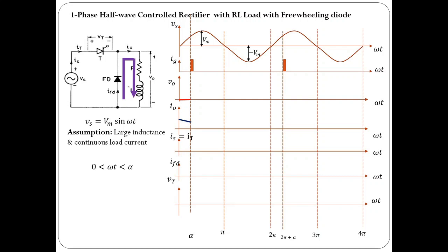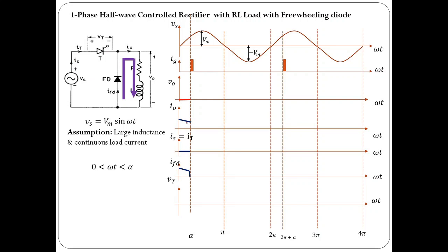Coming to the load current, it is going to decrease this way. We know it is an RL load, so without a source, the current would decrease gradually. Coming to the source current, in this case it is 0. There is no current drawn from the source, because there is no path as this is open. The current through the freewheeling diode is the same as the output current.